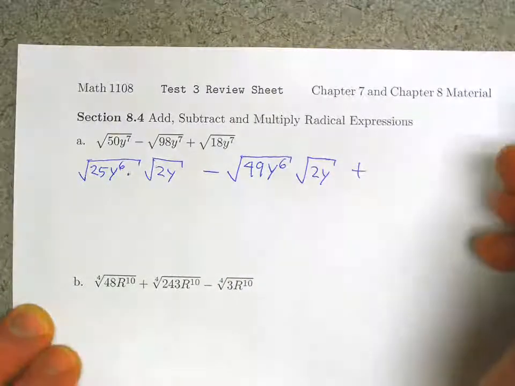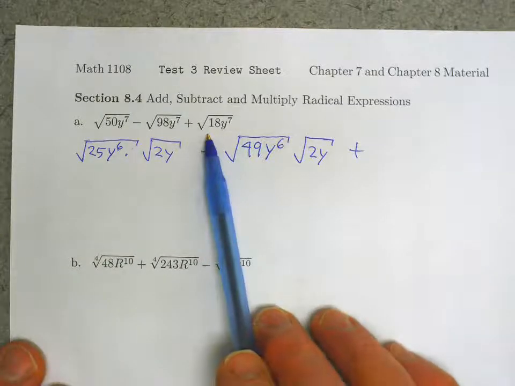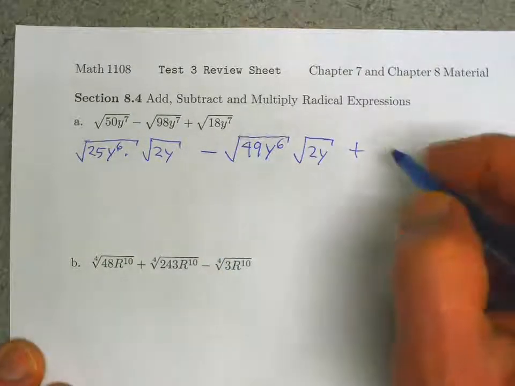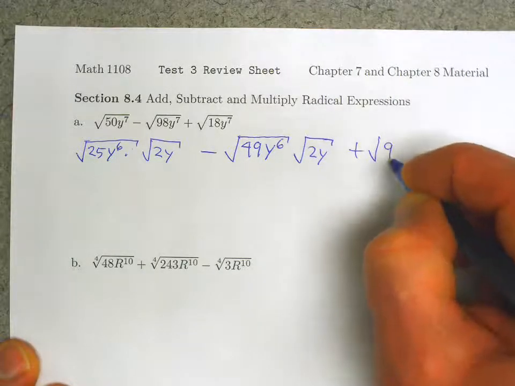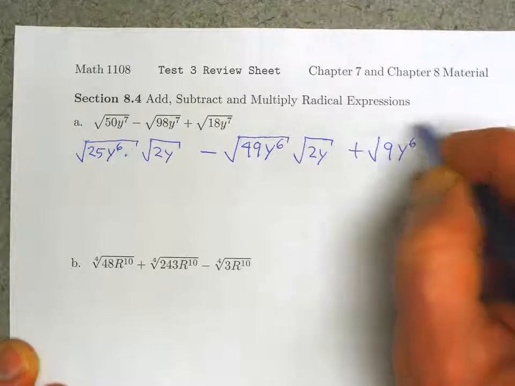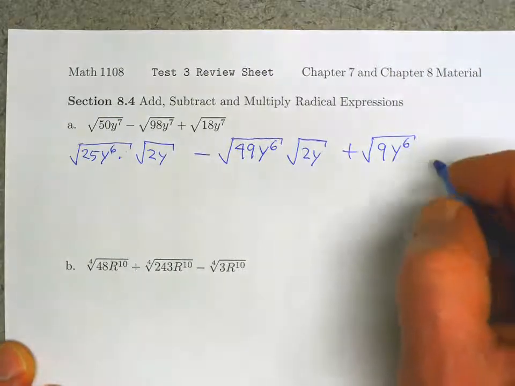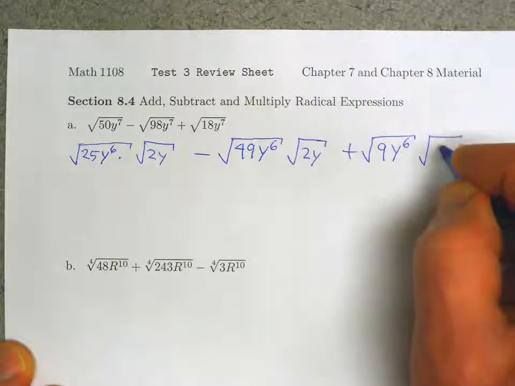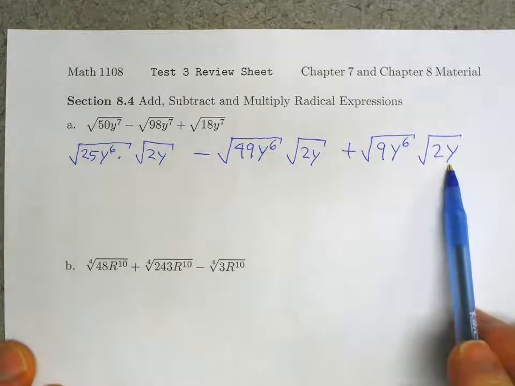And then plus, the next one, the square root of 18y to the 7th. The largest factor of 18 that's a perfect square is 9. 9 times 2 is 18. And the largest factor of y to the 7th that's a perfect square is y to the 6th. So we get the square root of 9y to the 6th times the square root of 2y.